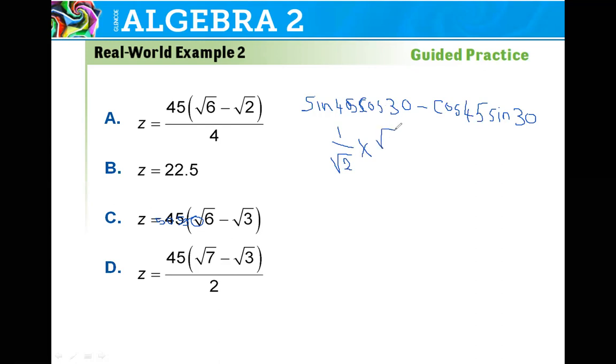Cosine 30 is root 3 over 2 minus cosine 45. It's 1 over root 2 or root 2 over 2. It's the same. Okay. In the final step, we can't write down the root, but through these steps, there is no problem. Sine 30 is half.